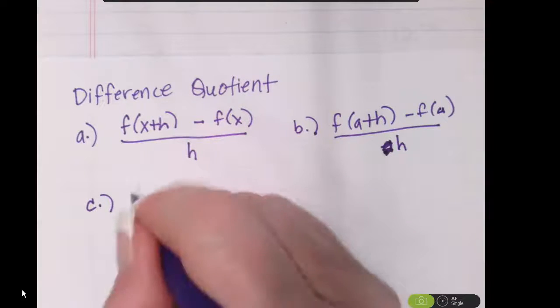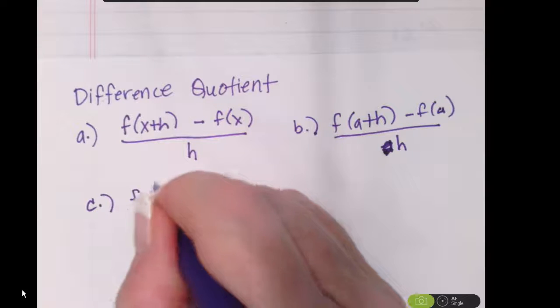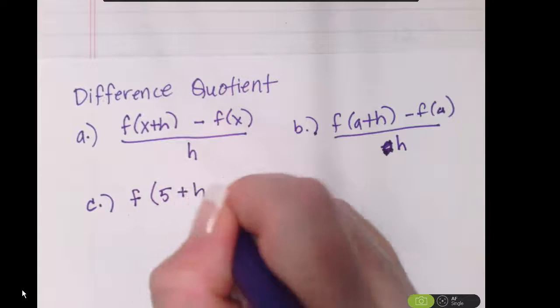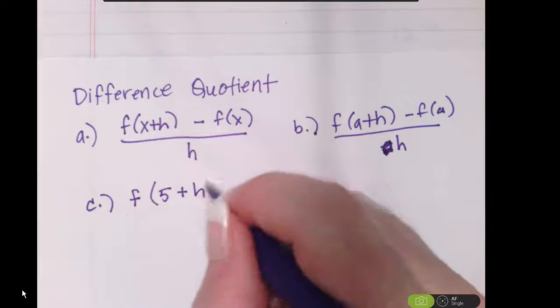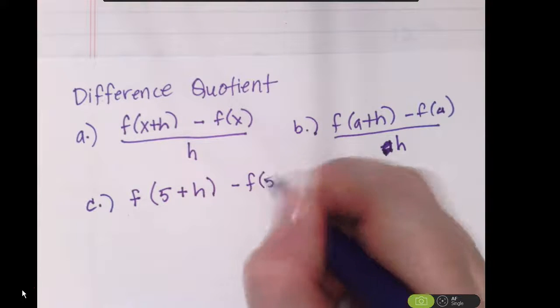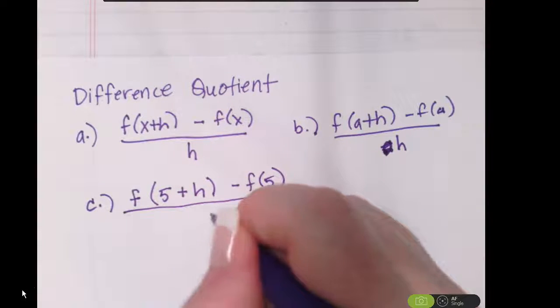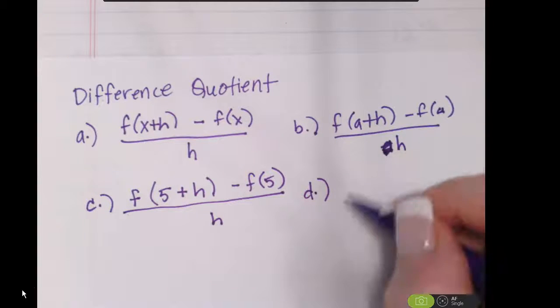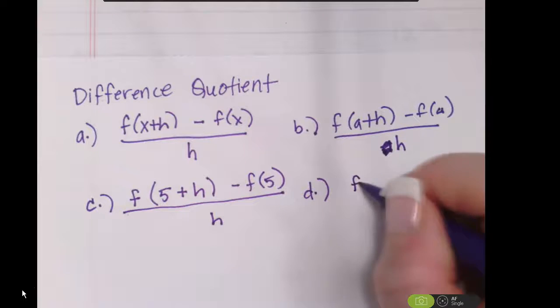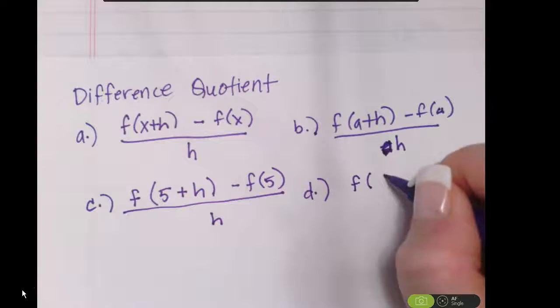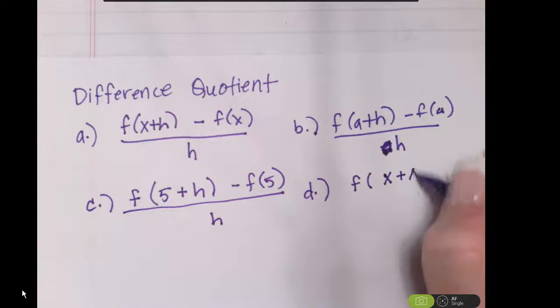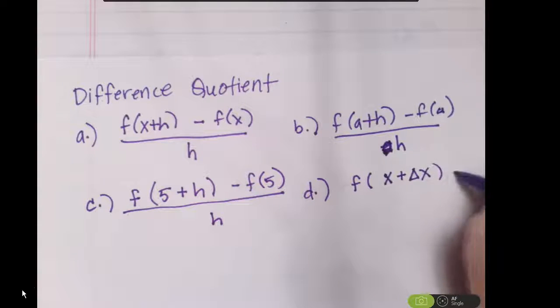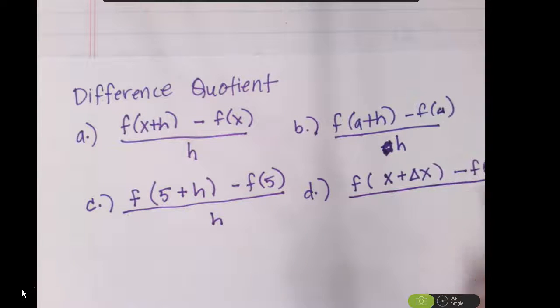Sometimes we're given a value for h, like 5, or given a value for x, and sometimes we're just using a value called delta, which is some unknown little tiny increment that we're making to our function, and then we're dividing through by delta x.